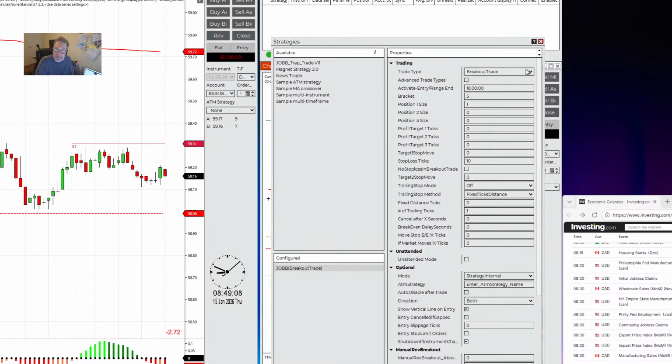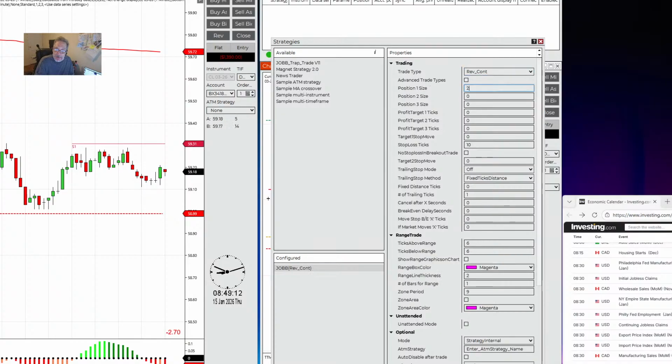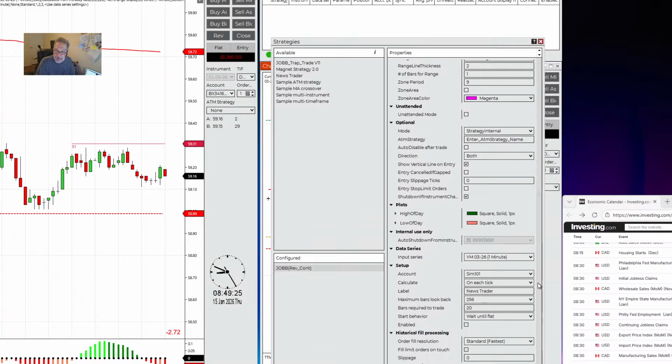On the YM, and I'll look for a 35 tick target and a 35 tick stop. All right, that's a discretionary trade on the YM. Label it YM, reverse continue.